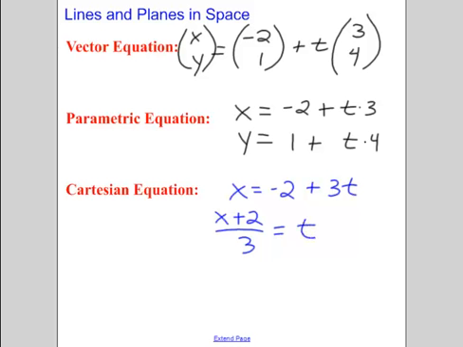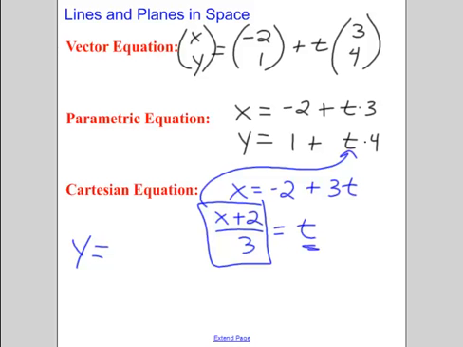That's what t equals. Now that I know what t equals, I'm going to substitute this into my y equation for t. And it's going to, in essence, put this into slope-intercept form for me. So therefore, y equals (x plus 2) over 3, multiplied by 4, plus 1.